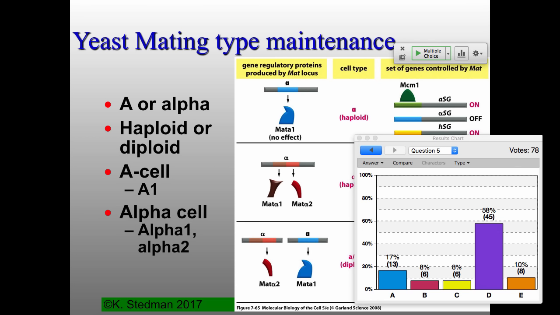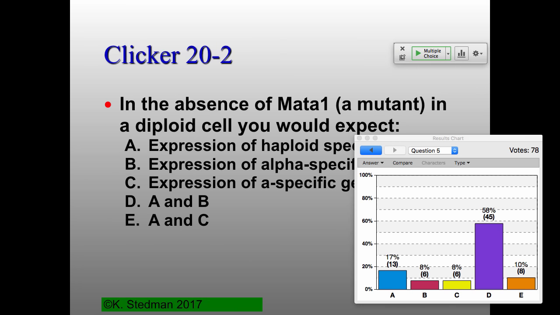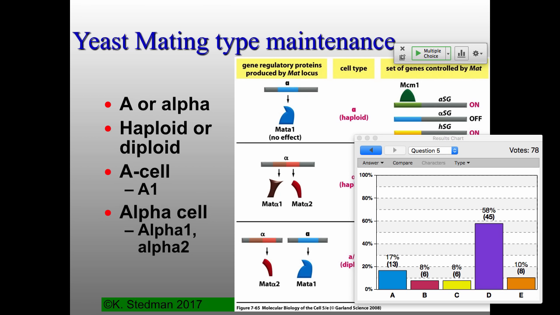So we're missing MAT-A1. So that means, what about haploid-specific genes? Haploid-specific genes will be on. They're always going to be on in the absence of MAT-A1. Okay, so we know that we're going to have A. What about alpha-specific and A-specific genes?